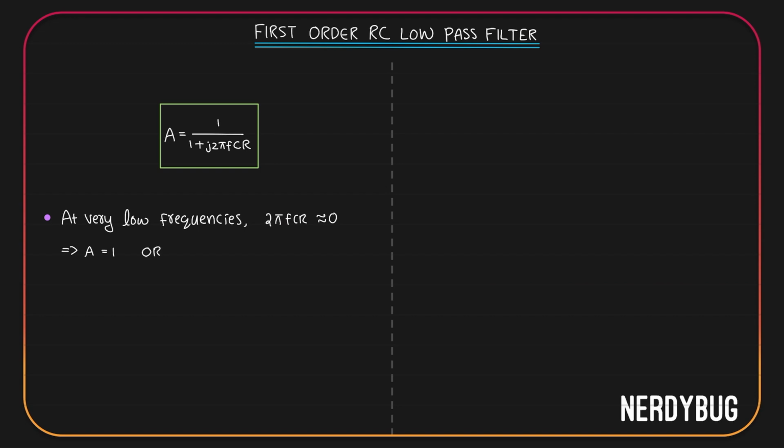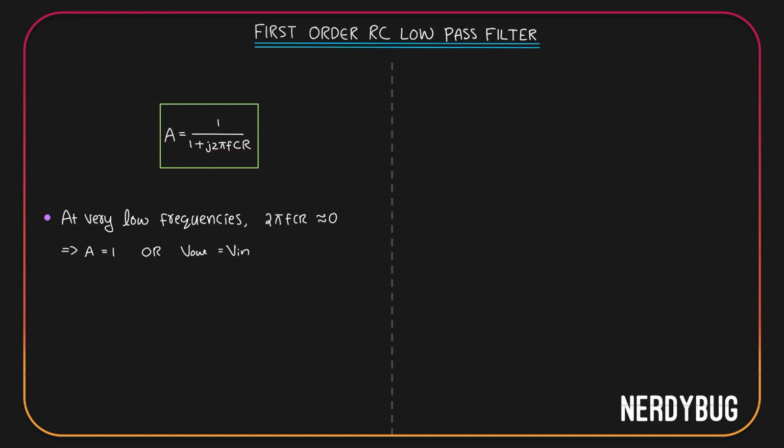So we can say V output is equal to V input. That is, at very low frequencies, gain takes the maximum value, which is 1, and output will be exactly equal to input. If you keep increasing the frequency, the denominator in this expression will increase and gain will decrease.